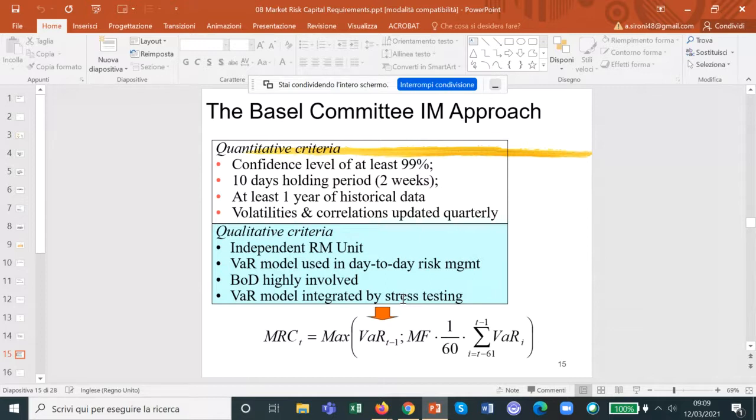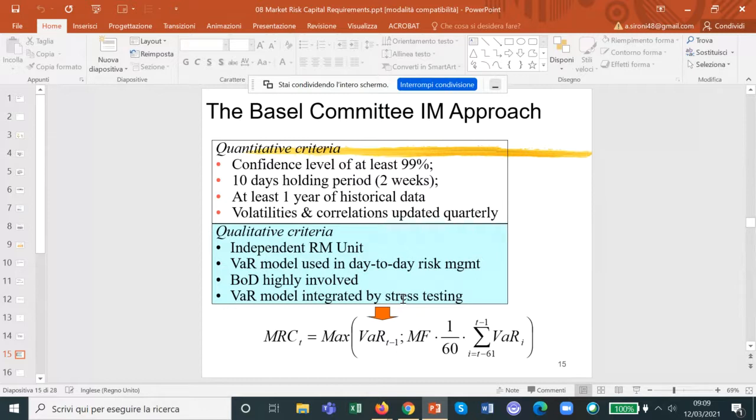However, the Basel Committee not only imposed quantitative criteria, but also qualitative conditions. First of all, you need to have an independent risk management unit. It cannot be someone directly involved in trading. It needs to be an independent and separate unit, the one that is actually estimating all the parameters and then computing the capital requirements.